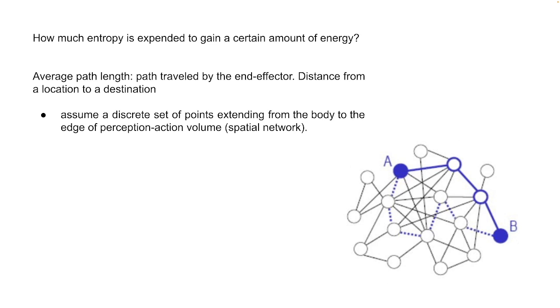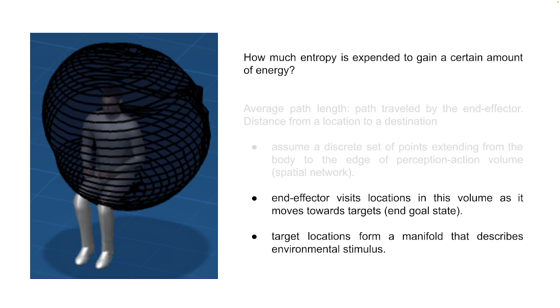So we can think about this in terms of average path length, which is the path traveled by the end effector. And this is defined as the distance from a location to a destination. We could assume a discrete set of points extending from the body to the edge of the perception action volume. We'll look at that in the next part of this series. But we can think about this as a spatial network.